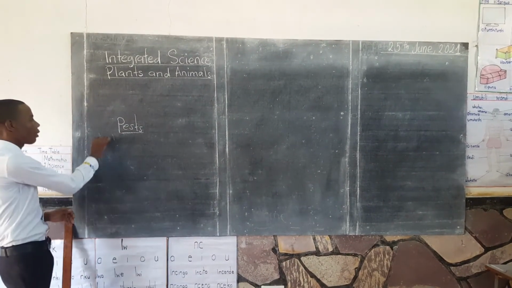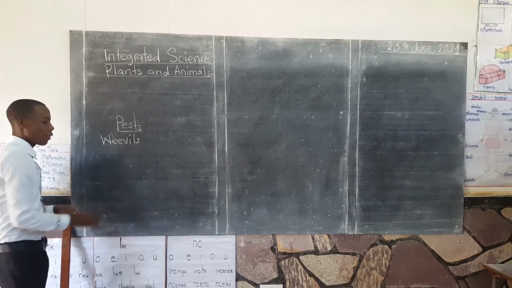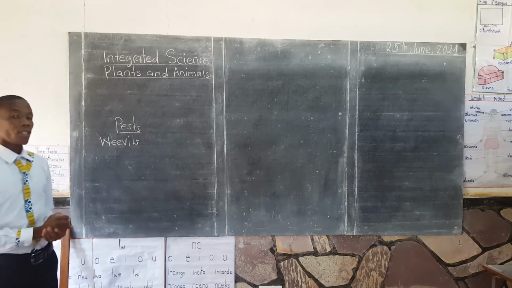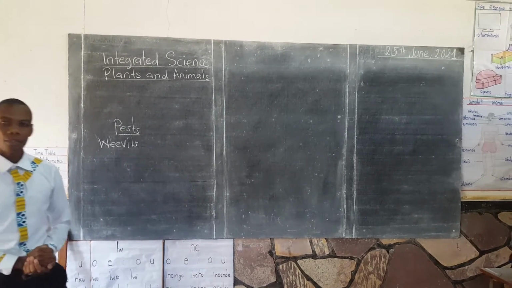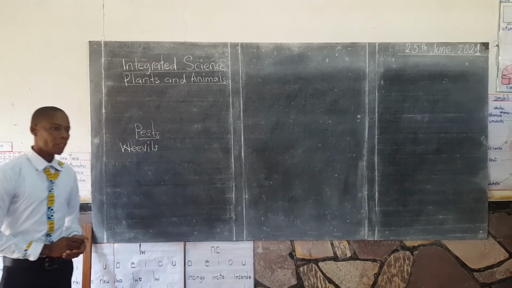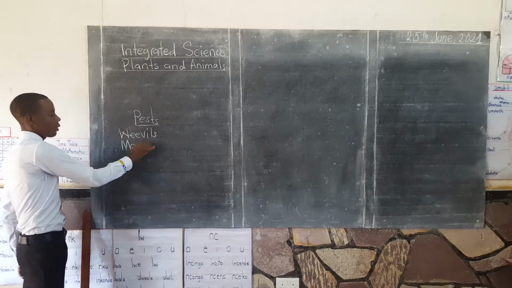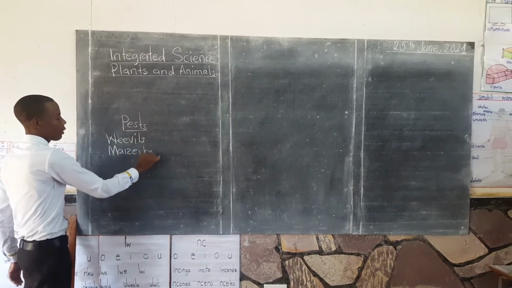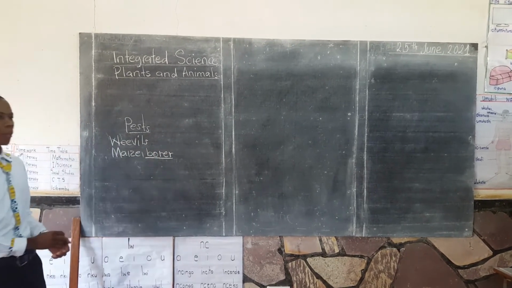We did talk about weevils. Under weevils, we did say they destroy stored grains of maize, rice and beans. Apart from weevils, we did look at maize borers. The word borer comes from the word boring.